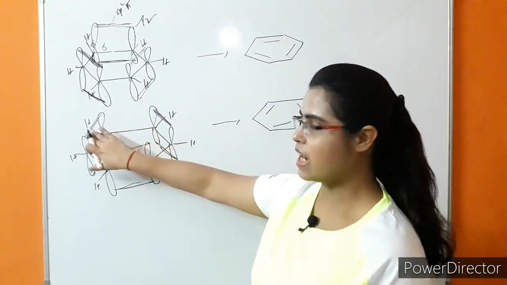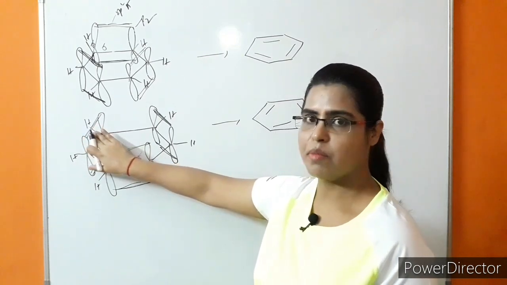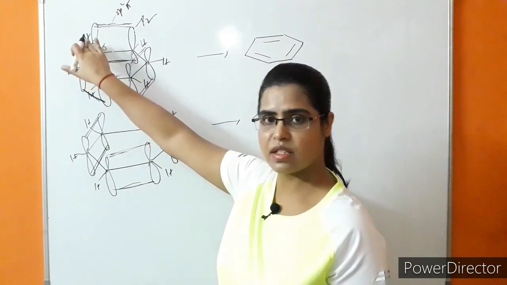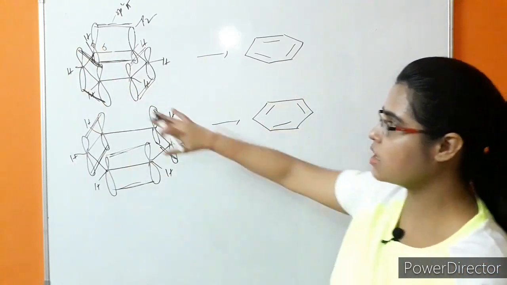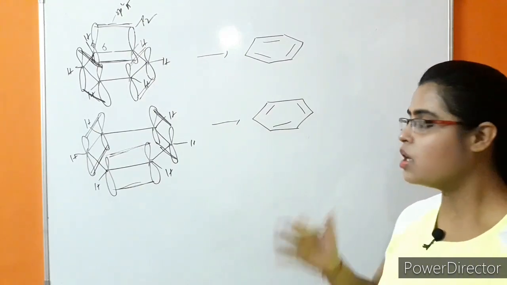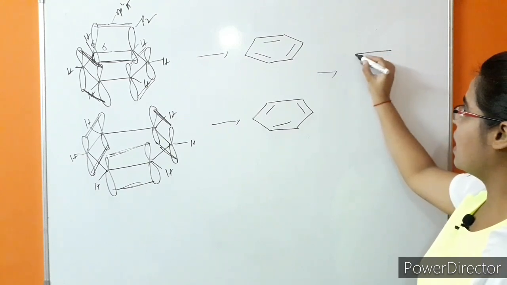So this free electron cloud of the pi bond, that is this structure of the pi bond, is overlapping with the electron cloud of the next pi bond. So there is overlapping of pi electrons taking place. Because of that, this structure can be represented like this.